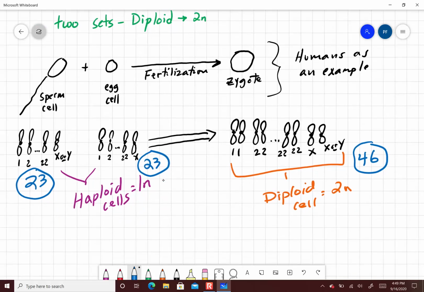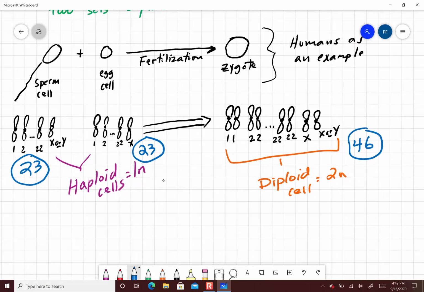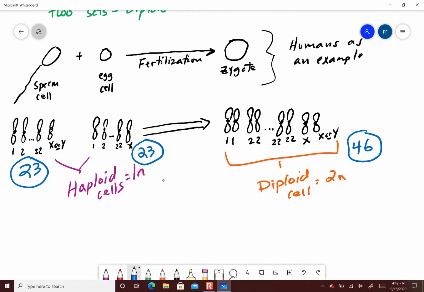So, sometimes when we're looking at humans and chromosomes, you may just hear the number 46, right? Somebody may say, hey, human cells have 46 chromosomes. Sometimes you may hear this referred to as 23 pairs of chromosomes, and that's the same thing. Right, 23 pairs is 46, and those pairs come from the sperm and the egg, right?